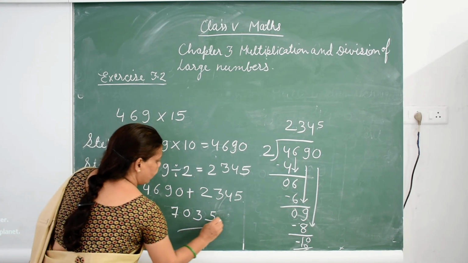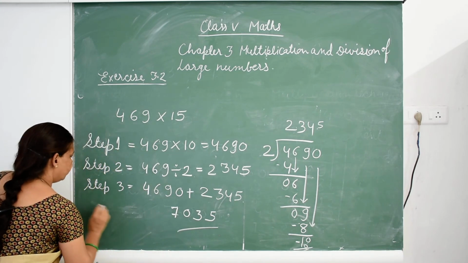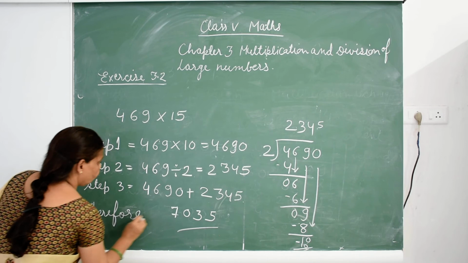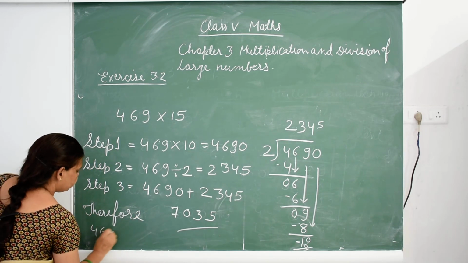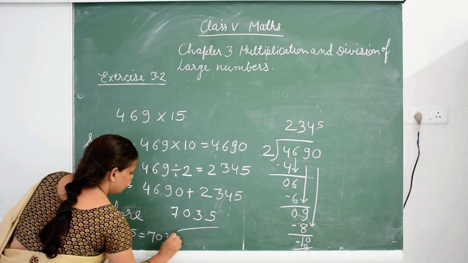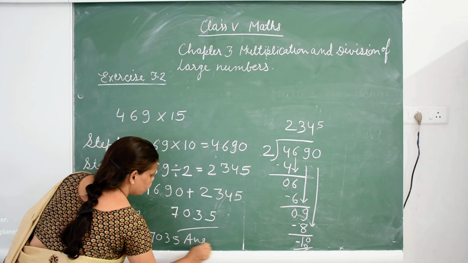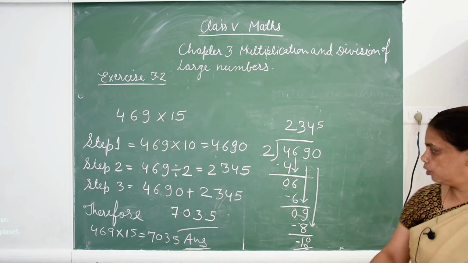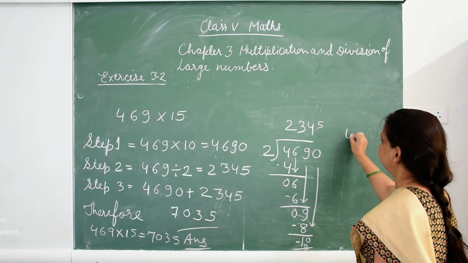So this is the answer. Here we write therefore 469 multiply by 15 is equal to 7035. This is the answer. Now you can plus it here. आप लोग इधर प्लस कर सकते हो इसको.